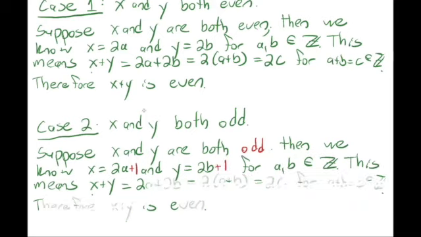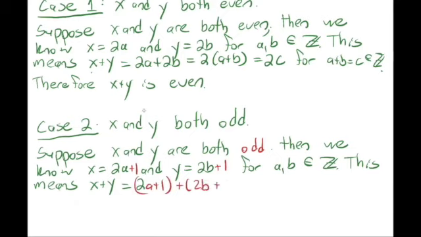Get rid of this, since this ending will be different. And that's why we needed to handle this in two different cases. So, okay, we changed them to odd. Now we know that we've got these plus ones over here. So now when I take X plus Y, we're going to get 2A plus 1 plus 2B plus 1, which is equal to 2A plus 2B plus 2.